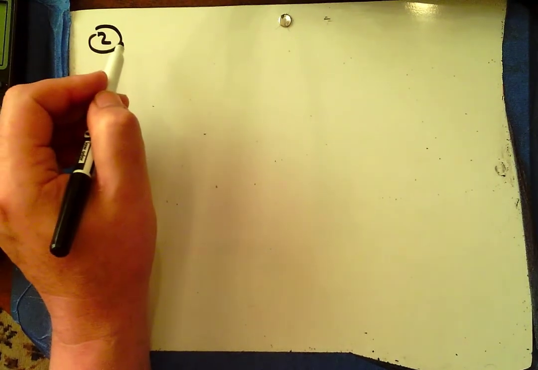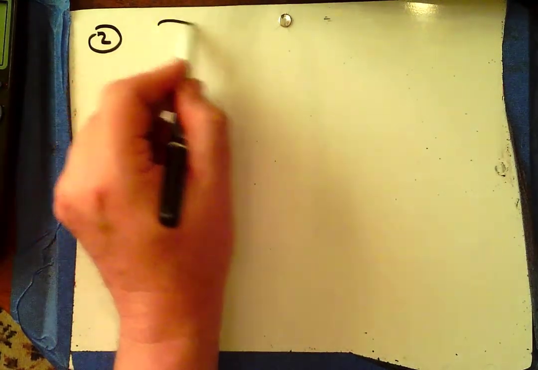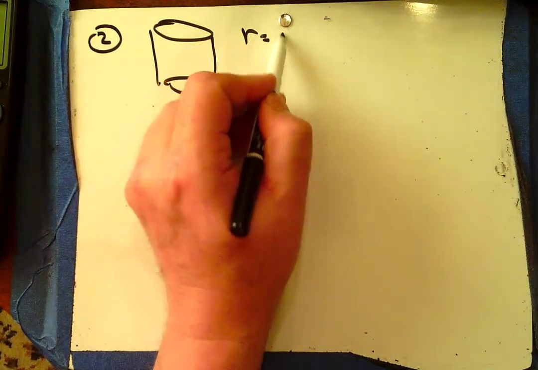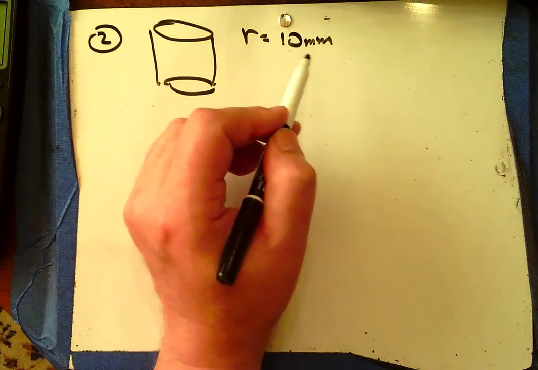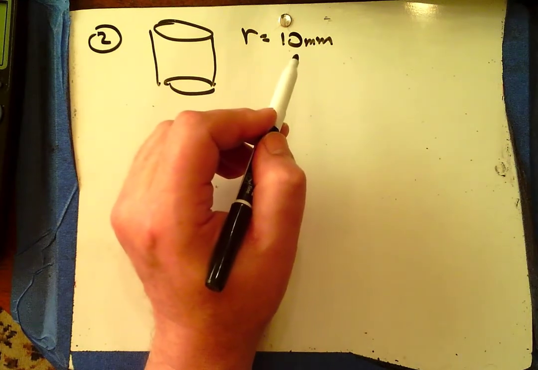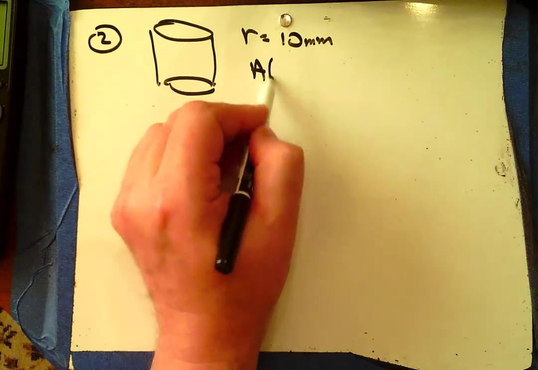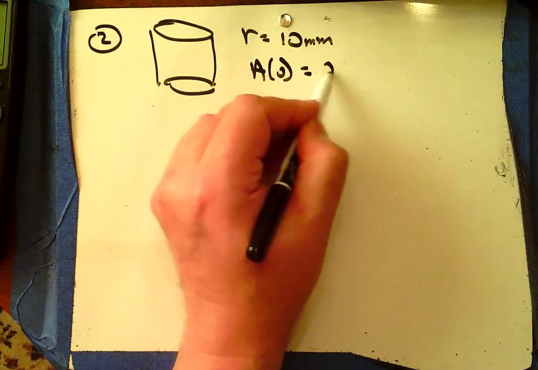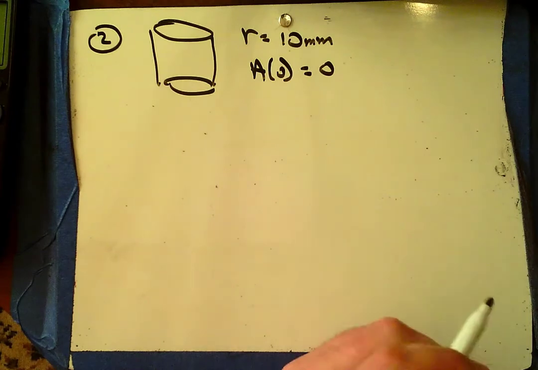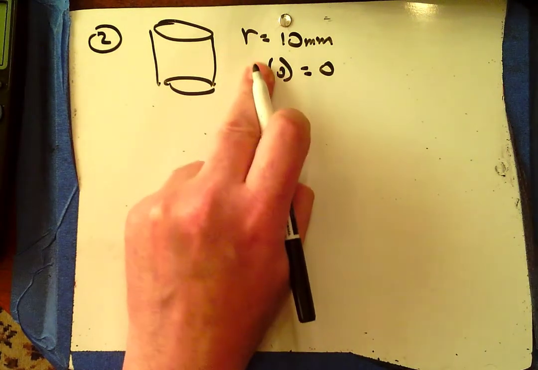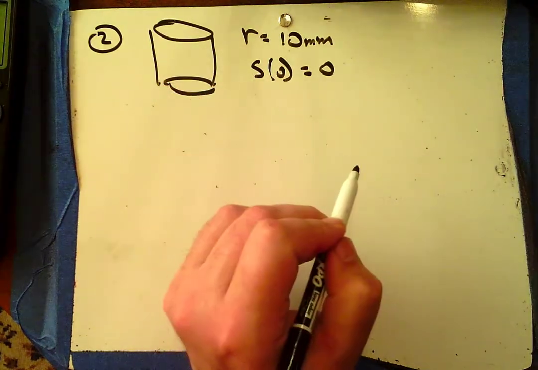Okay, problem number 2, also with calculator, says a cylindrical can has a radius of 10 millimeters and is used to measure rainfall. The can is initially empty, so the amount at 0 equals 0. The height of the water at time 0 is 0.